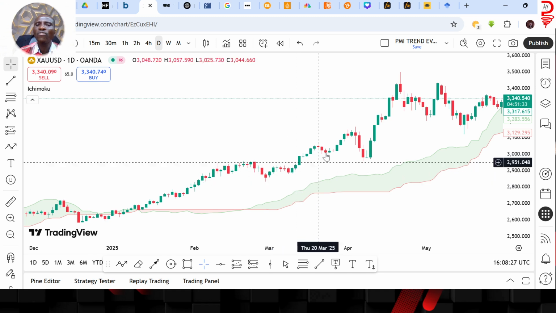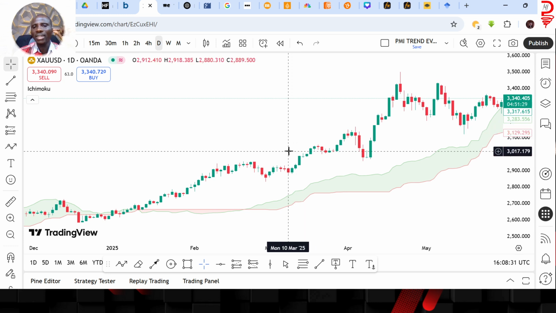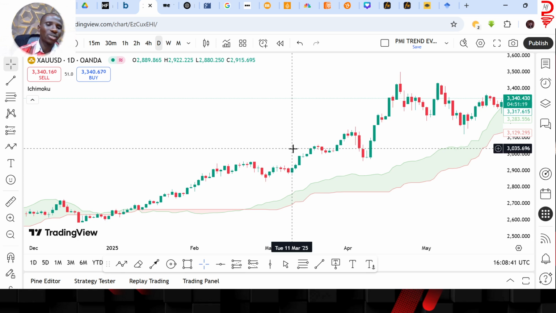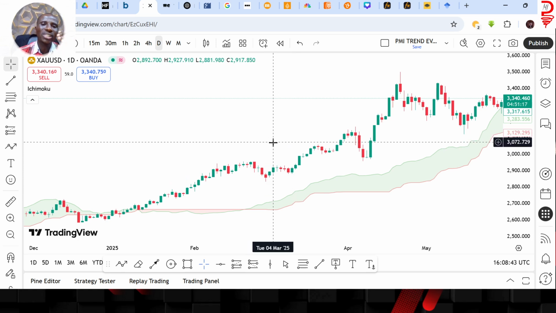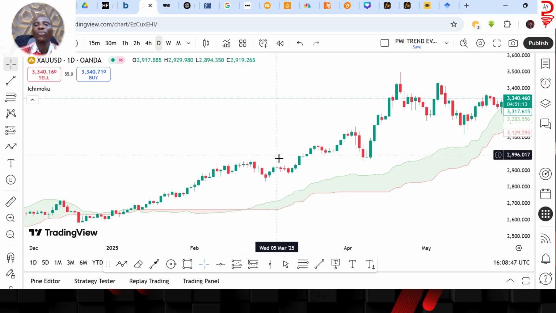An impulse wave will have continuous candlesticks, at least 2 to 4. Take note of this. 2 to 4 consecutive candlesticks, and that's the term, consecutive candlesticks in the direction that you are looking out for.